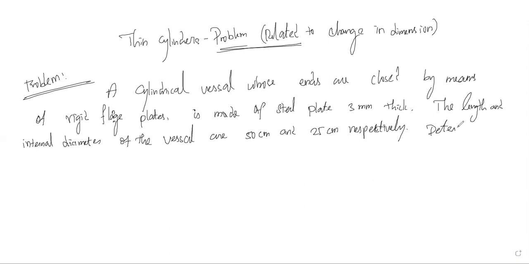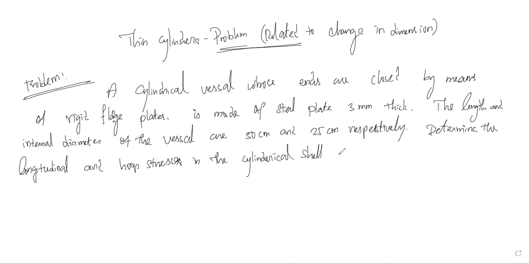Determine the longitudinal and hoop stresses in the cylindrical shell due to an internal fluid pressure of 3 Newton per mm square.